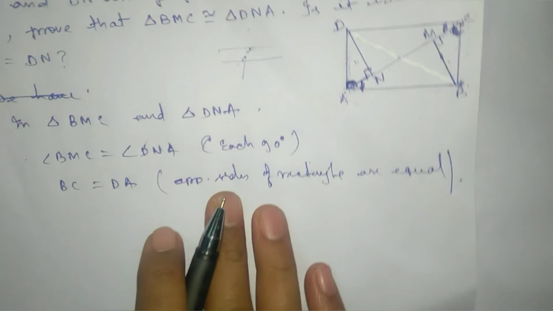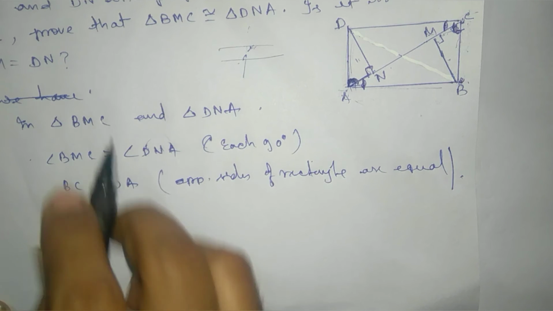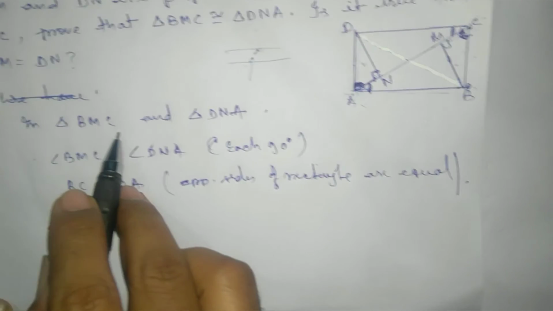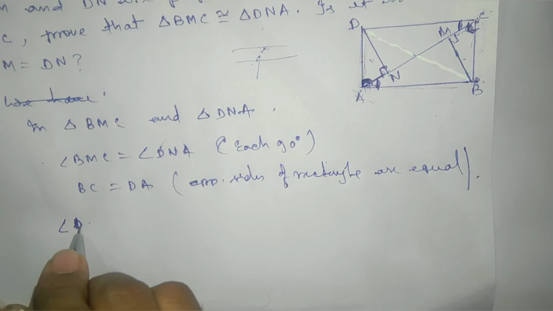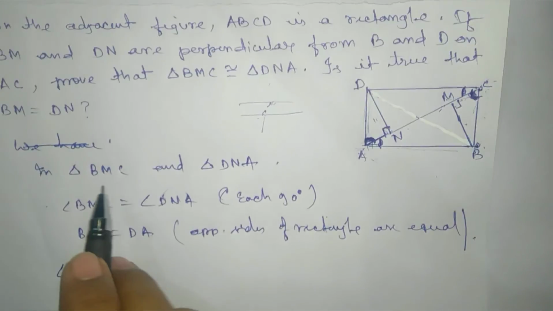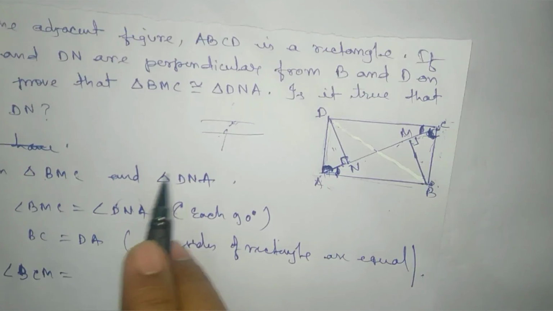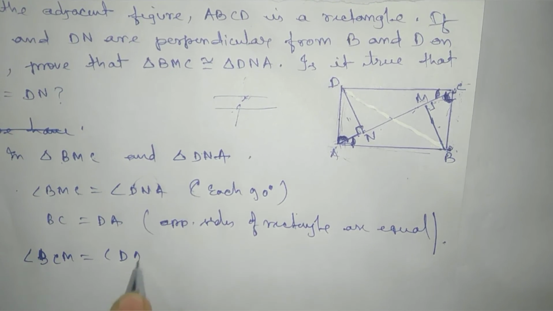Okay, so here we'll mention angle BMC, sorry, this side we are writing BCM, equals to, the way we have written BCM, we need to write DAN, so angle DAN.